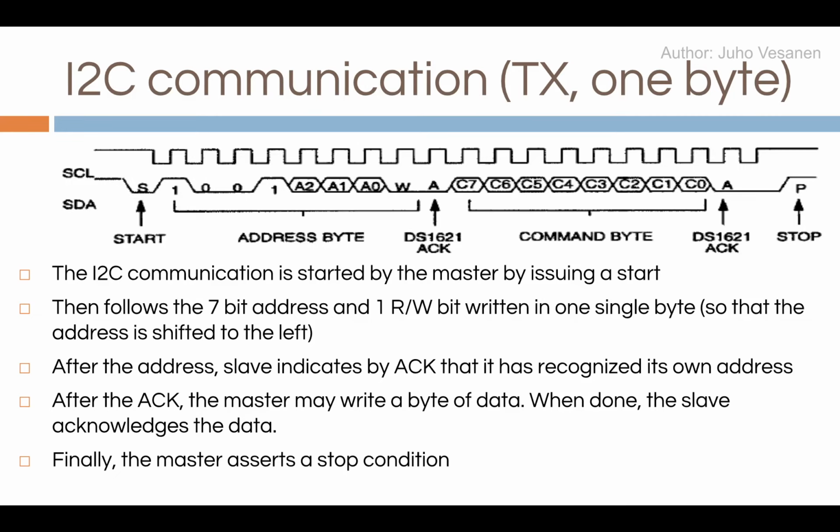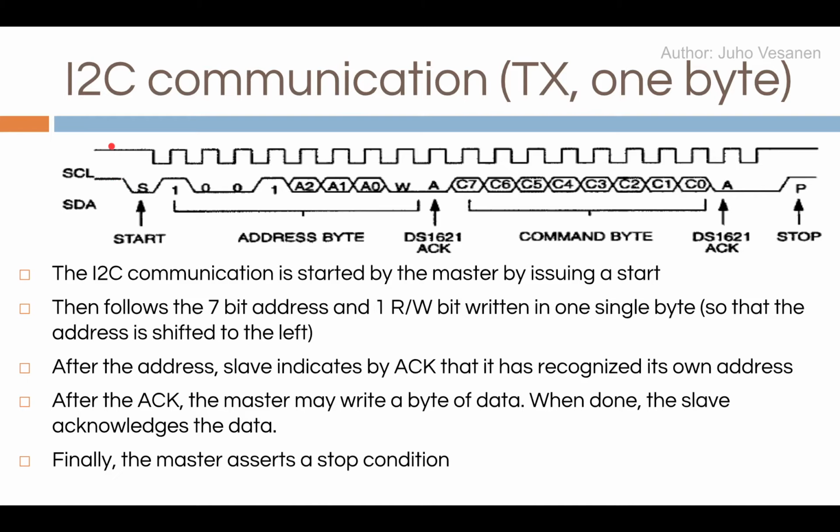For example, like that, how to transfer 1 byte. Practically, here's the start condition. Notice the clock and data, actually there's an offset on the picture. Clock is on the top and data is on the bottom line.